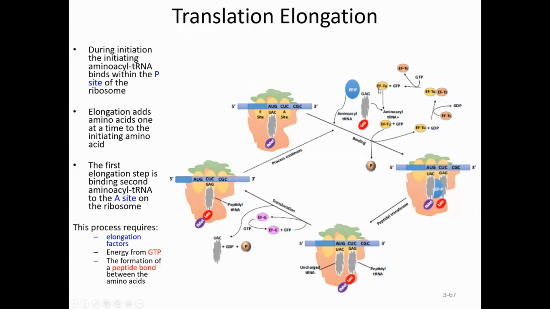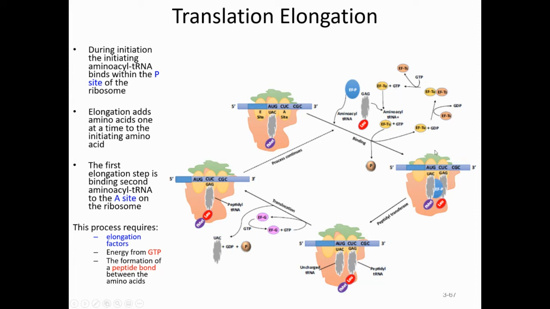So basically EF-Tu will help this amino acid tRNA bind to the A site in the presence of GTP, and then EF-Tu is released, and the GTP is hydrolyzed, releasing the energy. And then EF-Ts helps EF-Tu and GTP come together to form the complex again.